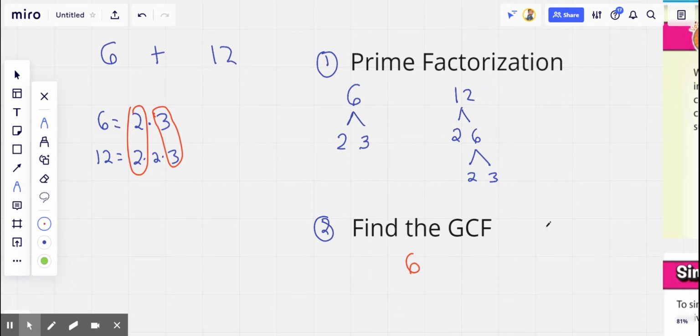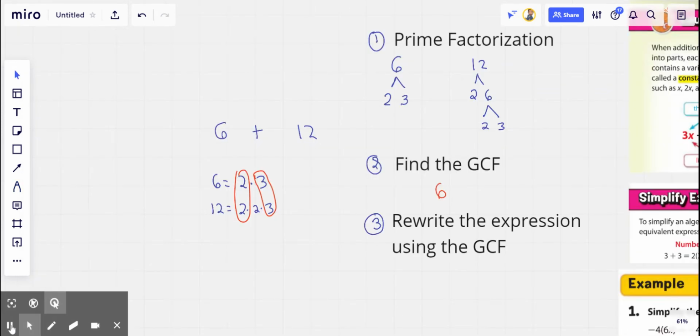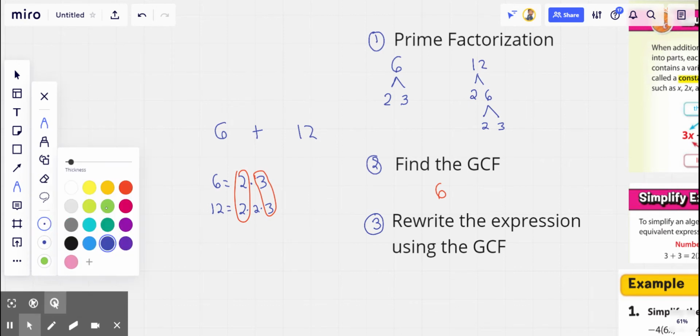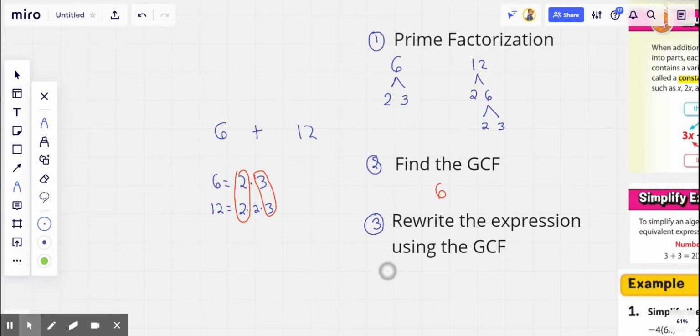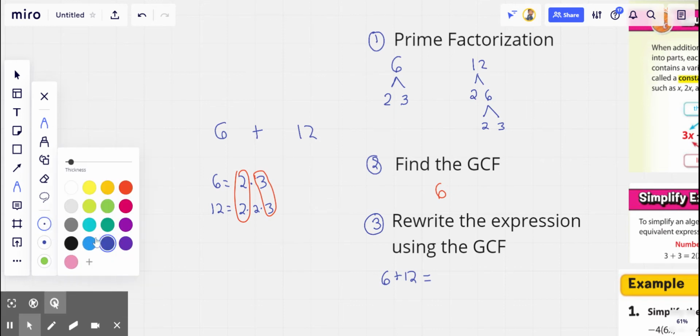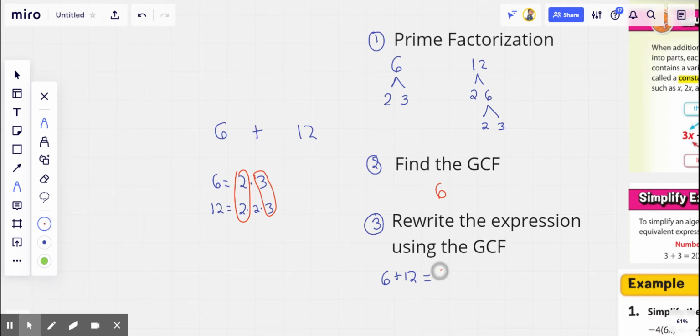Okay. All right. So our third step is going to be rewrite the expression using the GCF. Okay. So our original expression said that we had 6 plus 12. That equals 6, which is our greatest common factor. Let me stick with the same colors here. 6 times what?